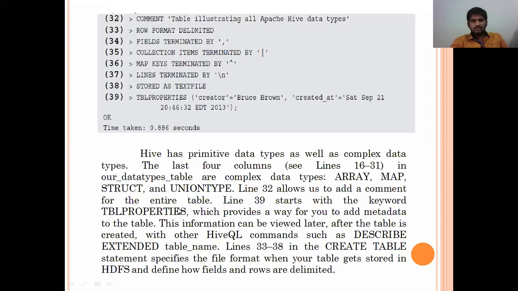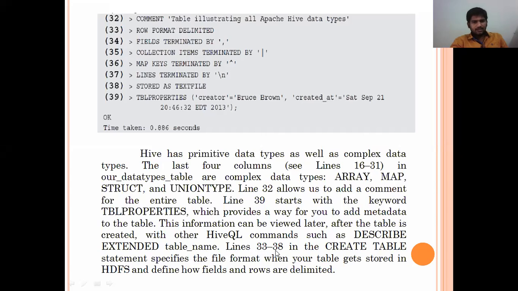So these are the information on how the properties and metadata are provided in the particular table. This information can be viewed later once the table is created, with HiveQL commands such as DESCRIBE EXTENDED table name.